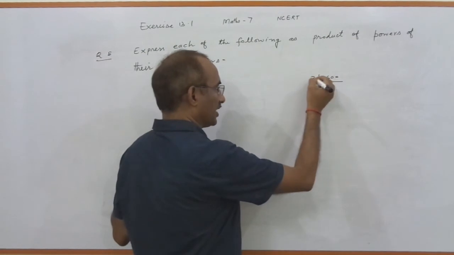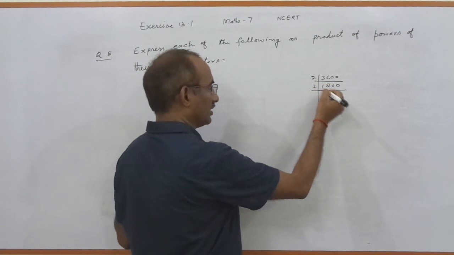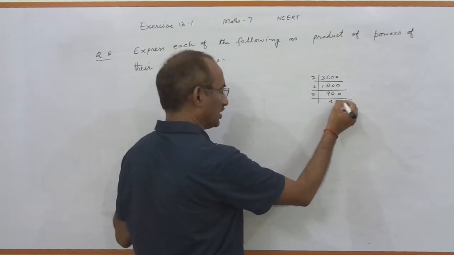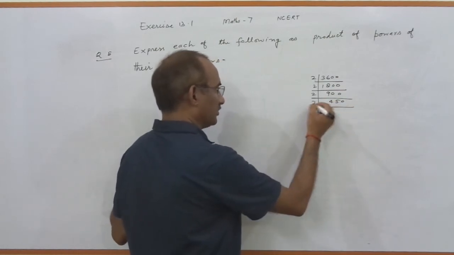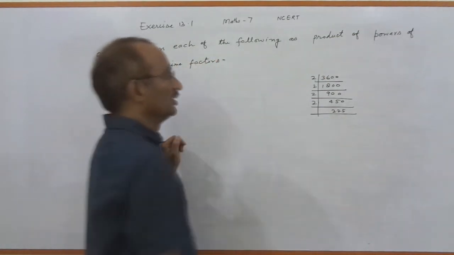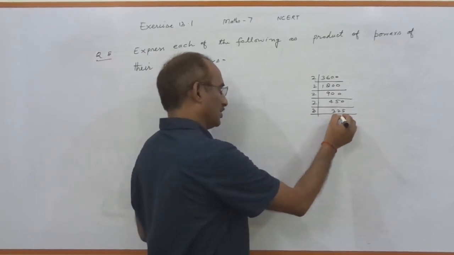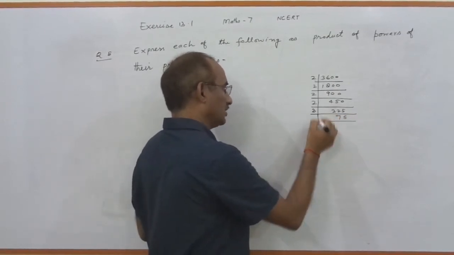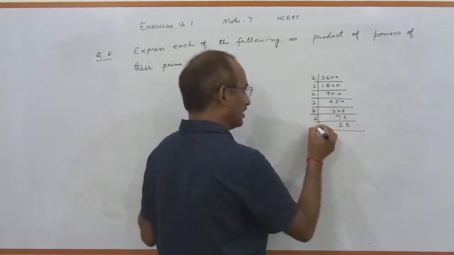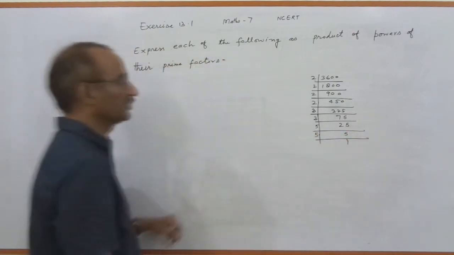It is divisible by 2, so we get 1800, then 900, then 450, and then 225. This is divided by 3, so we get 75, then 25, and then dividing by 5 we get 5, and then 1.